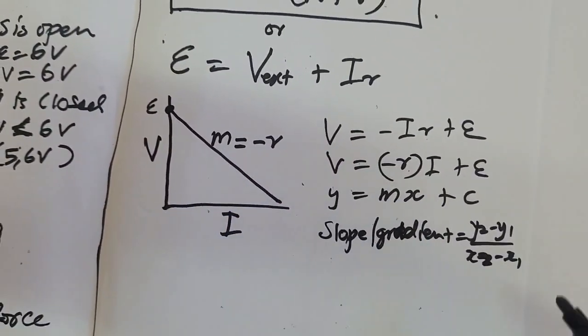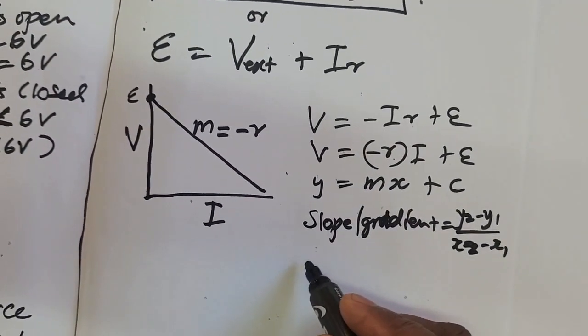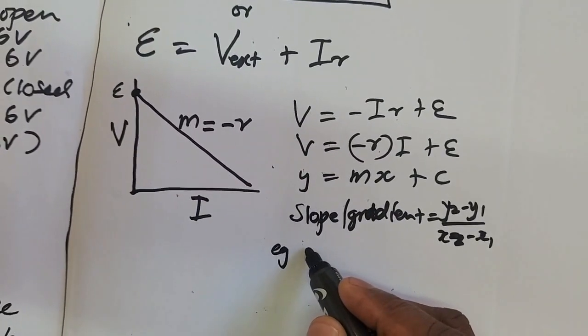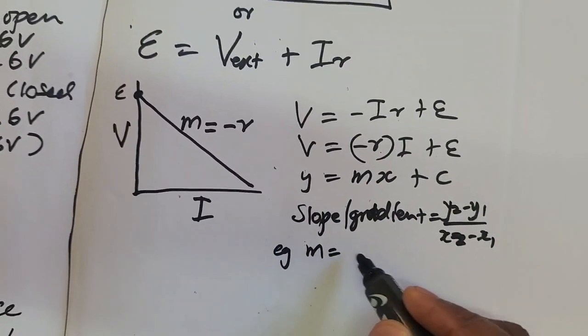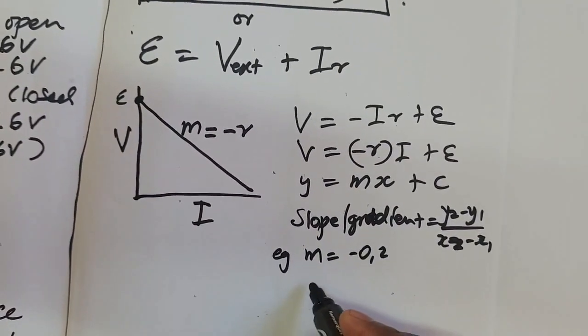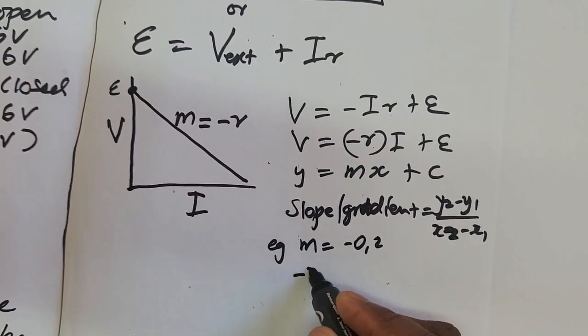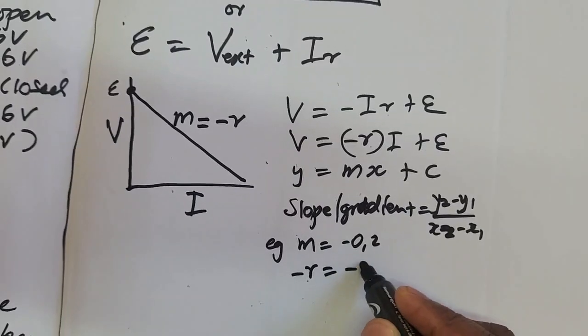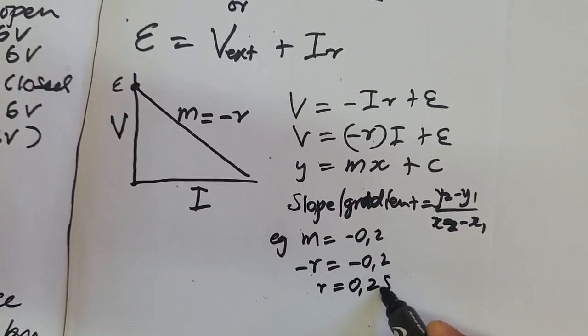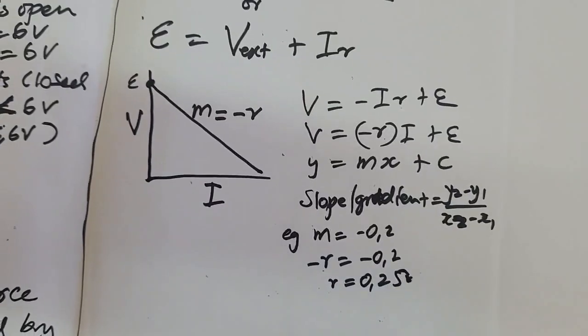Hypothetically, let's say you find that the slope is negative 0.2. Then the slope is negative r, which is negative 0.2, therefore r will be 0.2 ohm. That's how you do that.